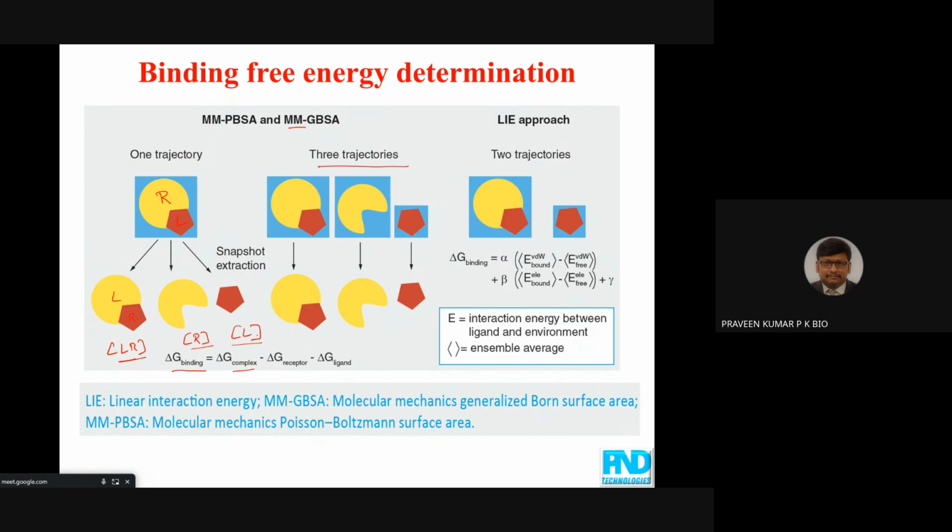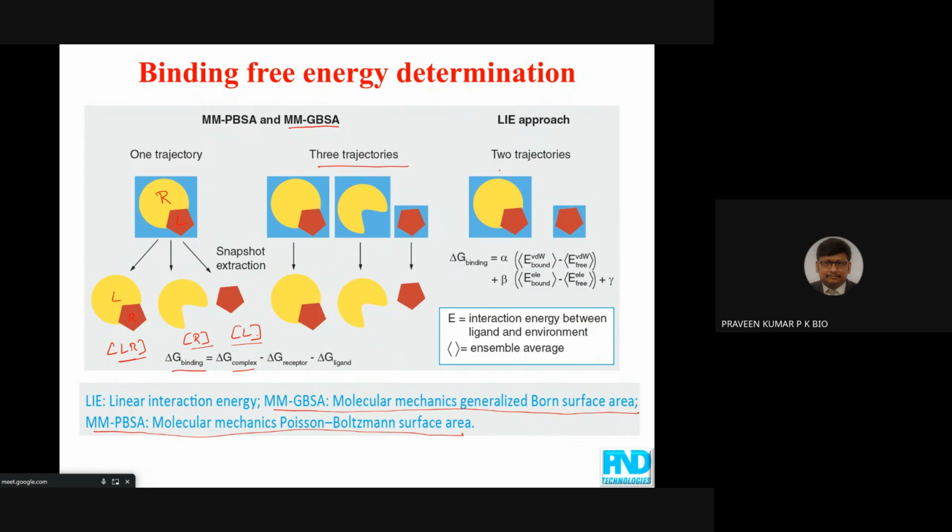Whatever we use with the three trajectories is the molecular mechanics generalized Born surface area. If you require only one, that is the ligand-receptor complex alone, and you calculate and represent the energy, we call it the molecular mechanics Poisson-Boltzmann surface area.